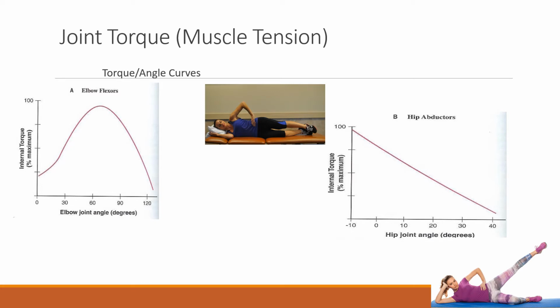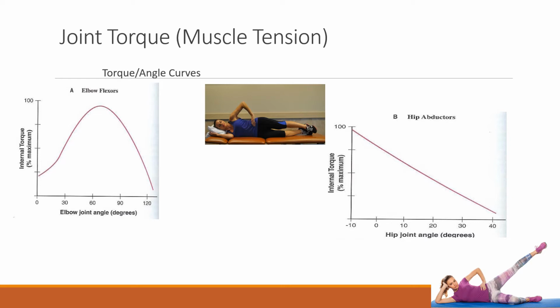Although it is true that all muscles have the same length tension curve, which is what we're talking about, it isn't always observable in all muscles. The diagram on this slide over on the left is showing the length tension curve of the biceps and other elbow flexors as we go through the range of motion.